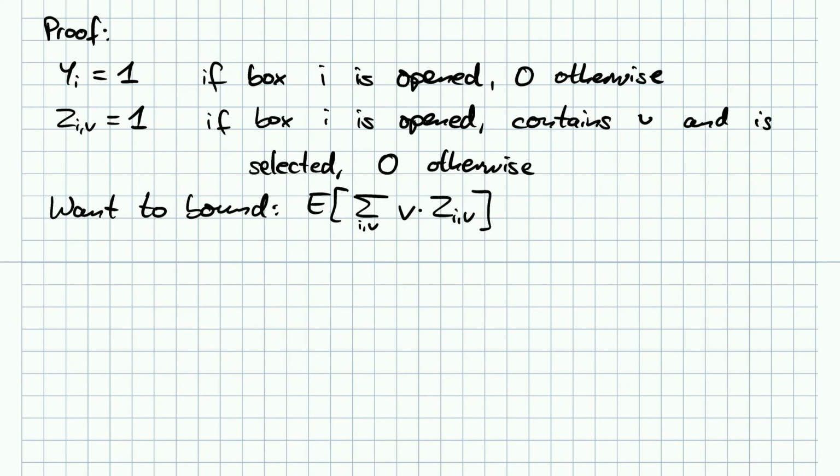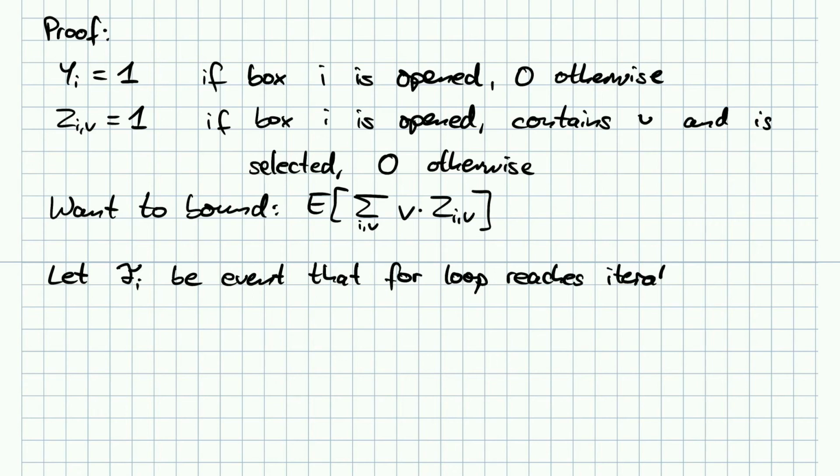And we can now write this as follows. If we let F_i be the event that the for loop reaches iteration i, then what is the probability that Z_{i,v} will be equal to 1, once again conditional on F_i happening?